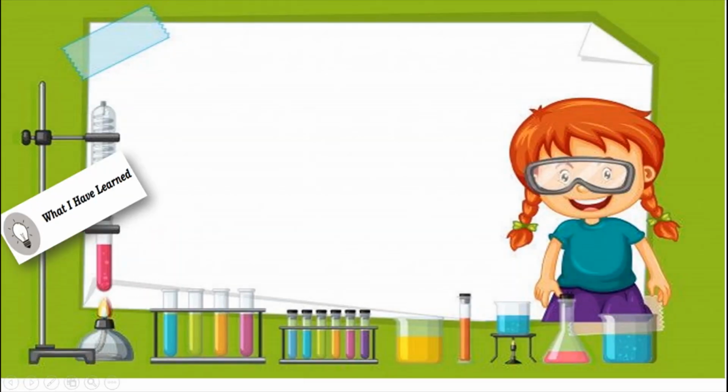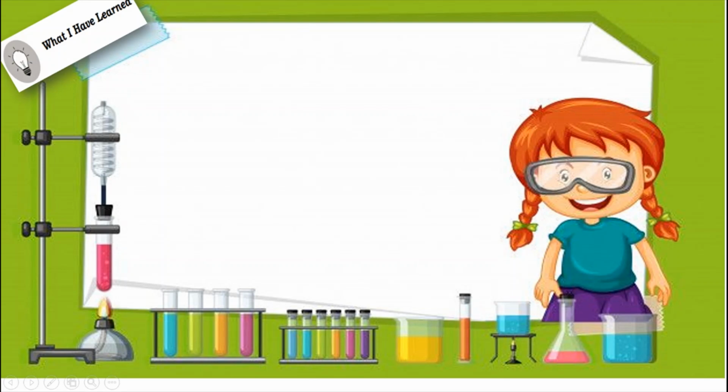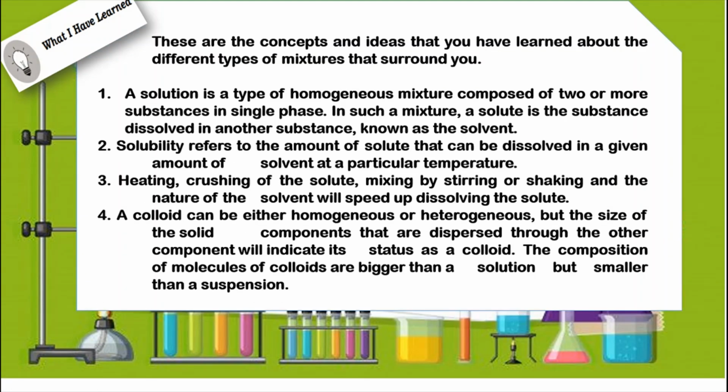Okay, let's proceed, children. Okay, what I have learned. Look at your module. These are the concepts and ideas that you have learned about the different types of mixtures that surround you. Number 1. Solution is a type of homogeneous mixture composed of two or more substances in single phase.